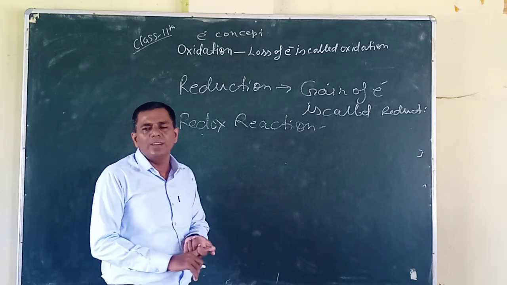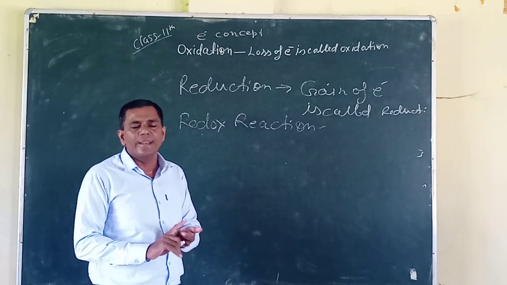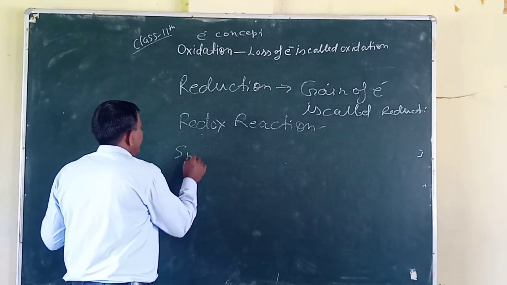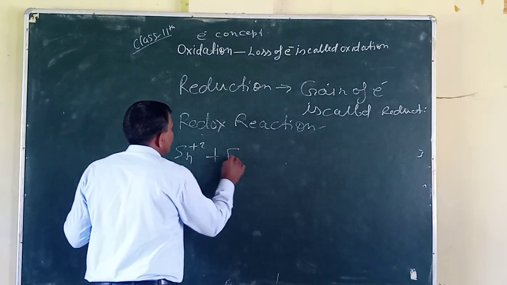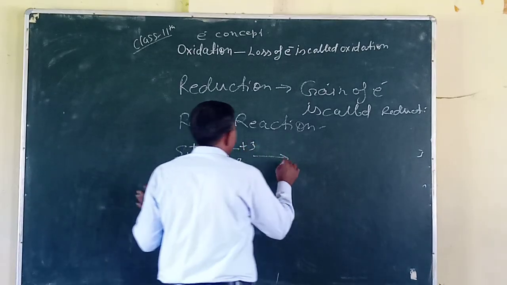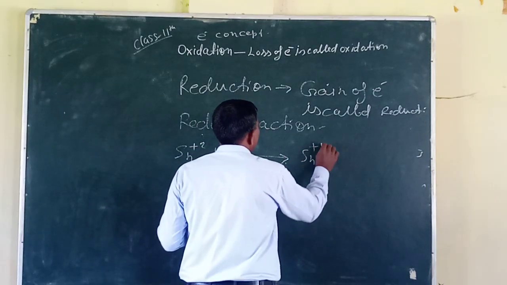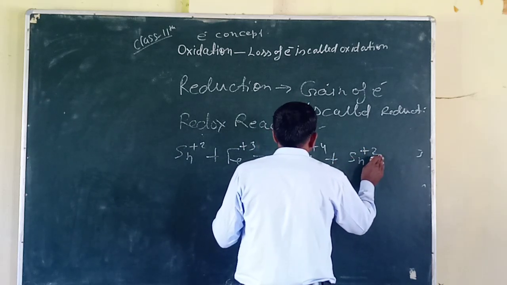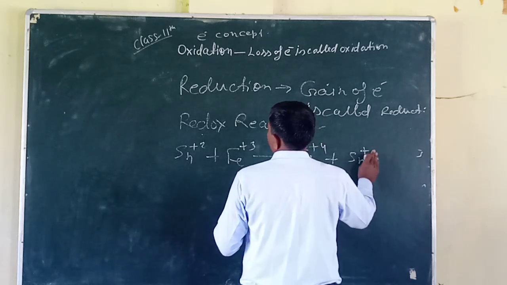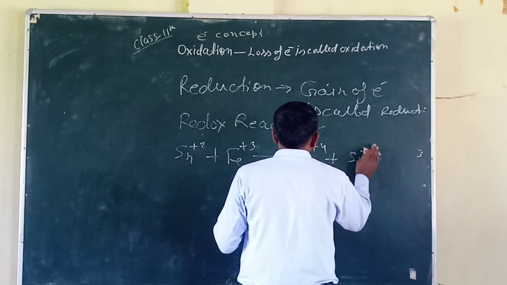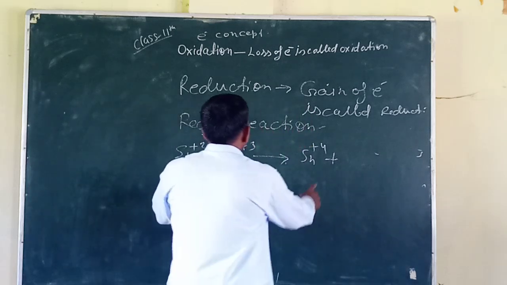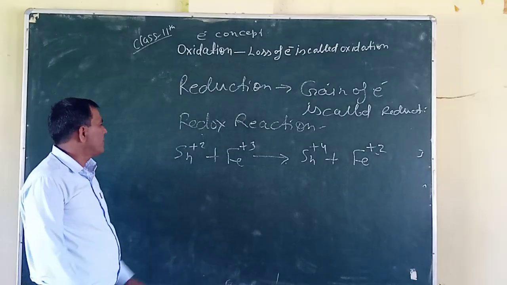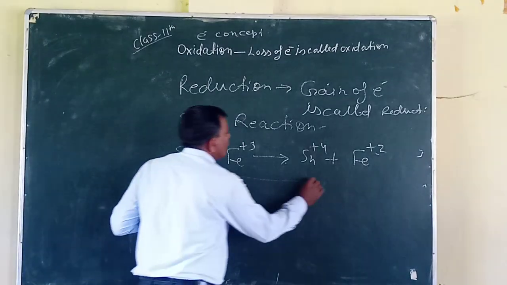Such a reaction is called a redox reaction. For example, suppose Sn2+ goes to Sn4+ and Fe3+ goes to Fe2+. In this example, Sn2+ to Sn4+ is an increase.